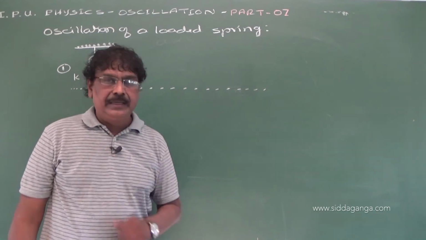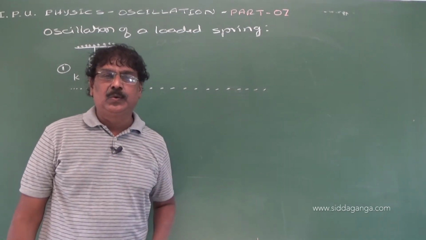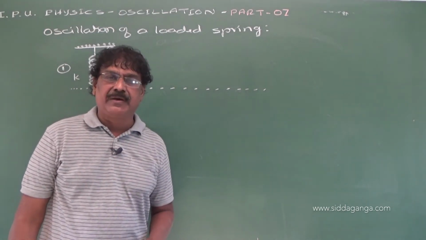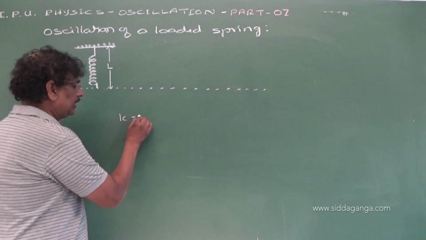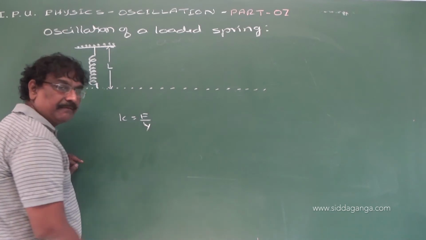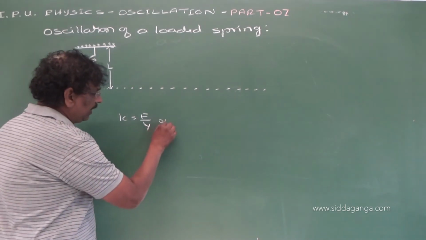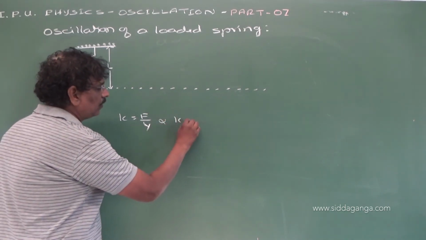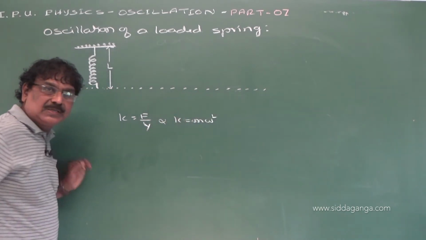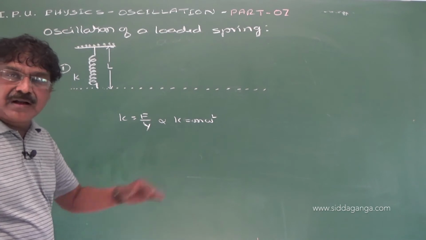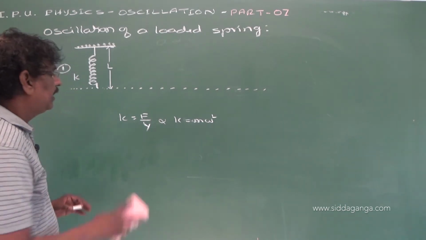That K has two expressions. K is equal to F by Y. Remember, K is equal to F by Y, and K is equal to M into omega square. This we have already discussed, right?